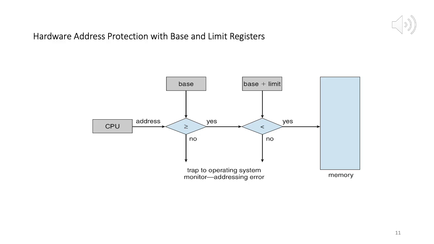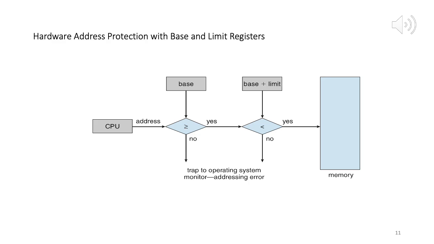If it's for 101, I compare 101 with base plus limit: 100 plus 1000, 1100. So if it's less, we go ahead, which means this memory address access is within bounds. We go ahead and do that memory access, do whatever load or store you want to do. If no, again trap to the operating system.